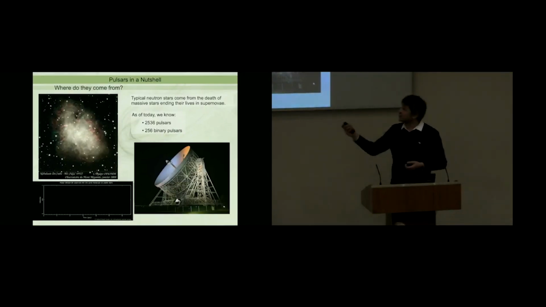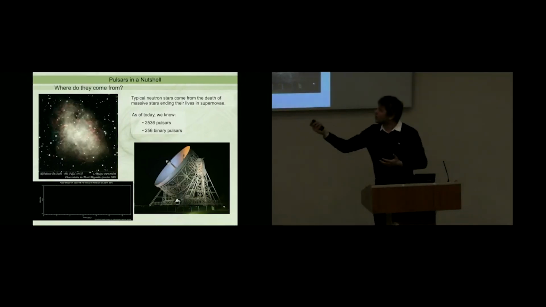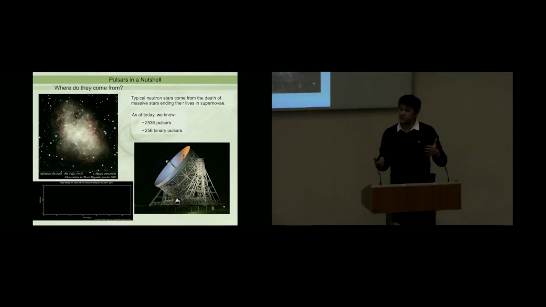If you look at images of this little cloud over time, you will see that it expands at a rate consistent with the fact that 1,000 years ago all this gas was in one clump at the center, which fits with observations of Chinese astronomers who did see that star exploding.